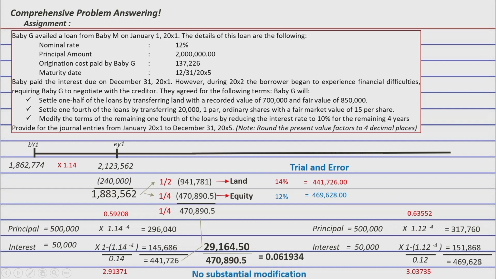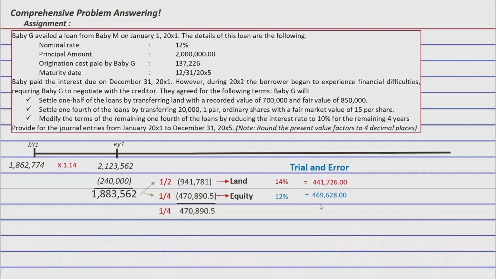Okay? So, because of that, we are ready to do the interpolation. And again, we are trying to find the x, as in the effective rate that should be used to get the present value that we desired, which is 470,890.50. So, how do we do that? Of course, we start with the brackets. So, this smaller brackets means this one minus this one, and also on the other side, this one minus this one.